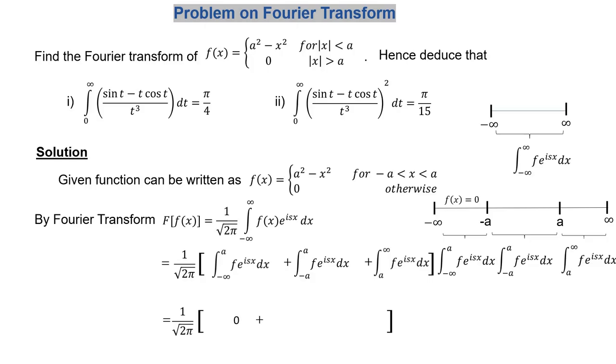For the second integral, our f(x) value is a² − x², valid from −a to +a. For the third term, our f(x) value is 0. So finally we get the expression 1/√(2π) ∫ from −a to a of (a² − x²) e^(isx) dx.